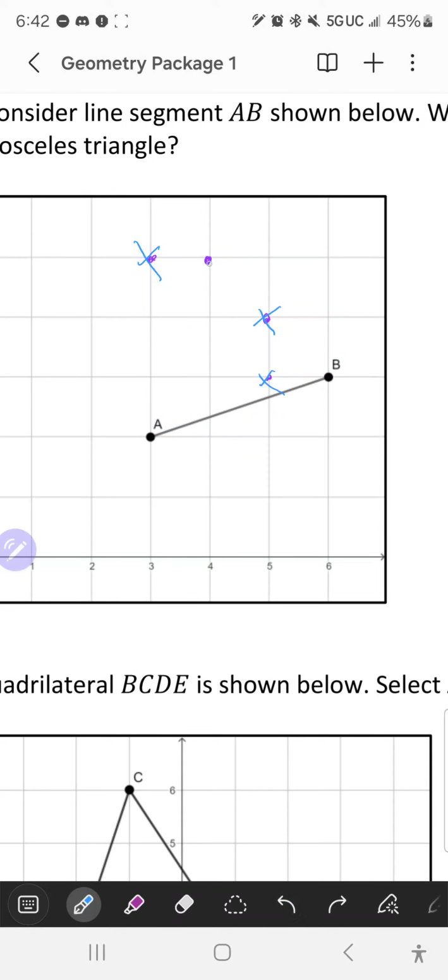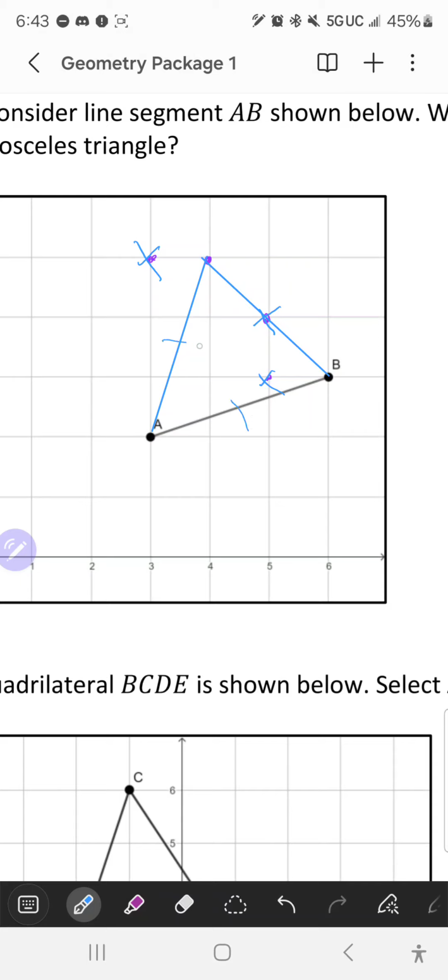Oops. I'm better off drawing. Okay, let's just do this. Okay, and now I can say, it looks pretty equal to me.